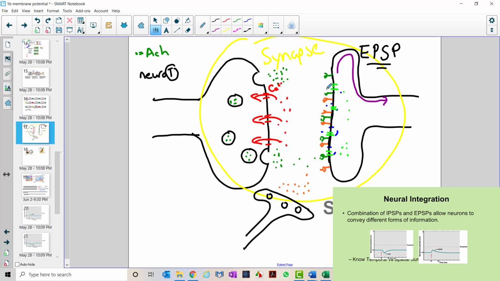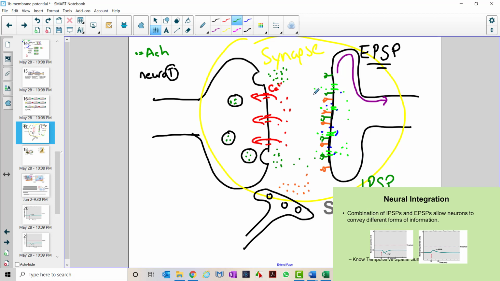The potassium leaves, and this whole thing will become hyperpolarized, which is the opposite of an action potential, right? So that means if this neurotransmitter causes potassium channels to open up, we end up with something called an IPSP, an inhibitory postsynaptic potential.